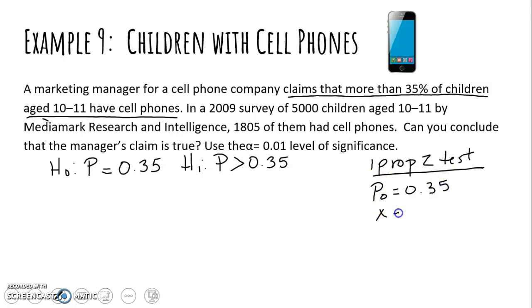Our x is the number of children that have cell phones in the survey, so that's 1,805. N is the number of children in the survey, which was 5,000. And the last thing we want to click is the greater than sign.